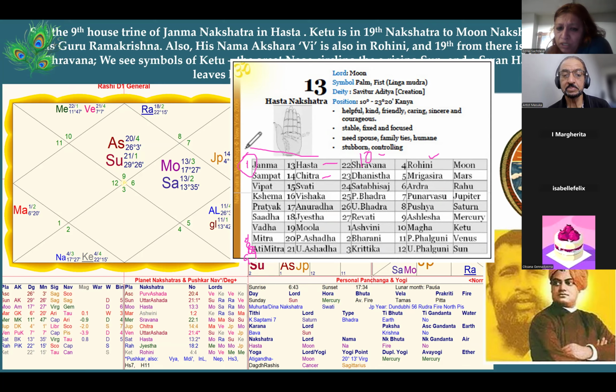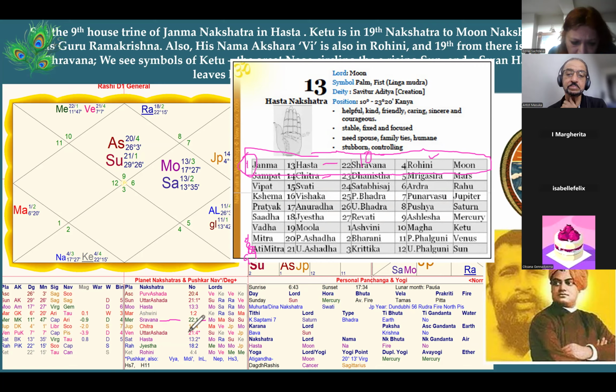So this first column, the Janma Tara Nakshatra, is always going to be in trines. Hasta is in trine to Shravana and in trine to Rohini, and they are all ruled by the moon. Is that clear? And Mercury is in Shravana, so that is very powerful.